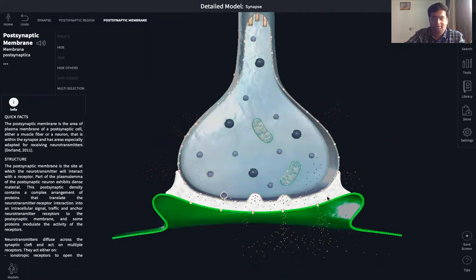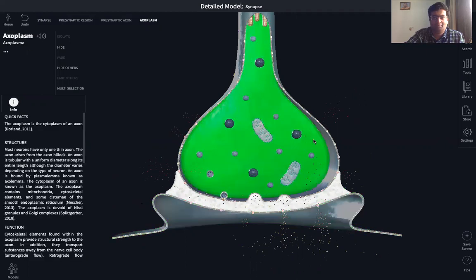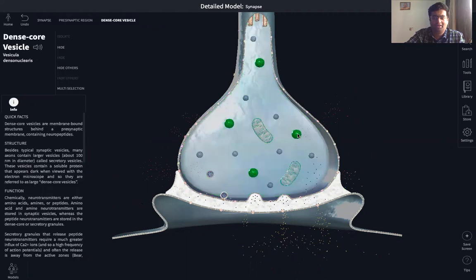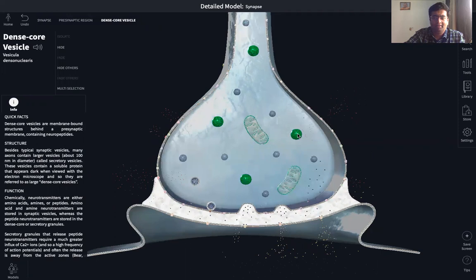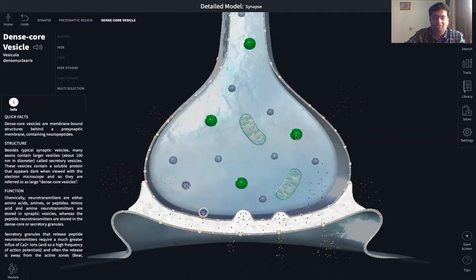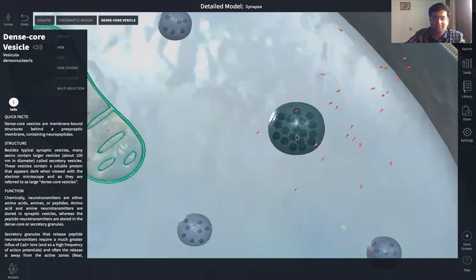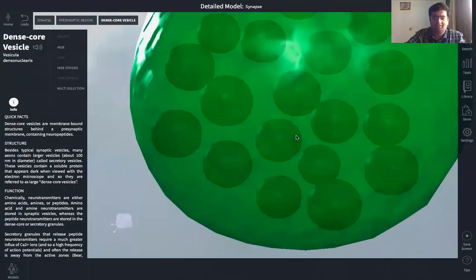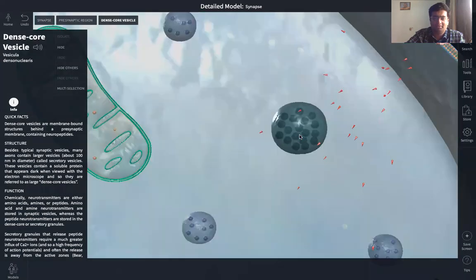Now the axon terminal or the axon bulb contains a lot of spherical structures which are called the synaptic vesicles, which store within them the molecules called neurotransmitters. So these chemicals that you see inside the synaptic vesicle are the neurotransmitter molecules.